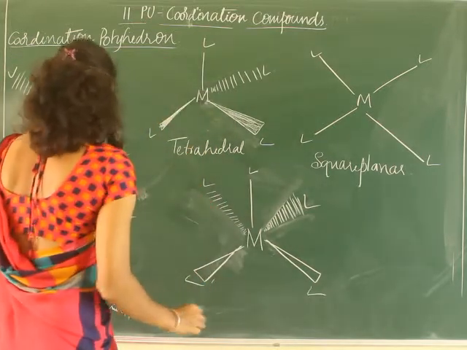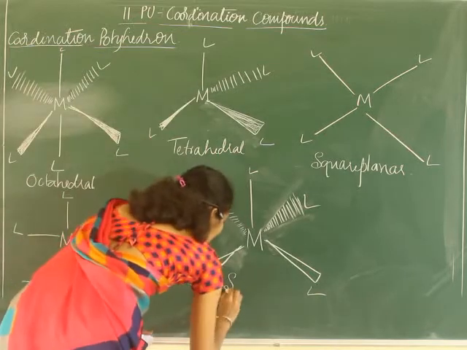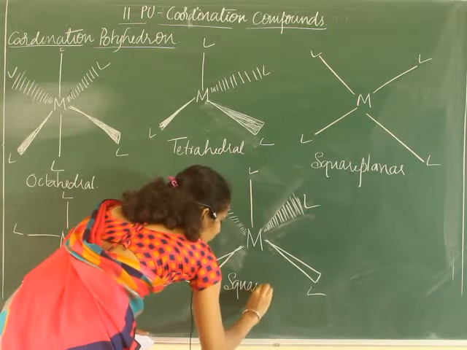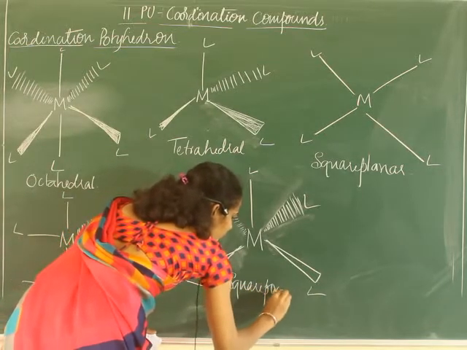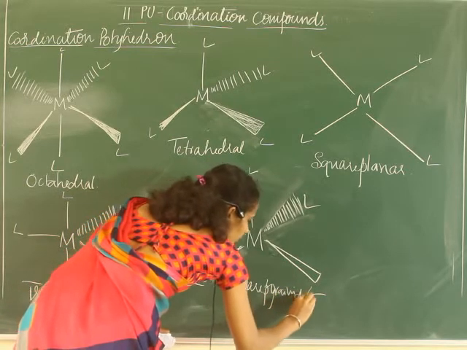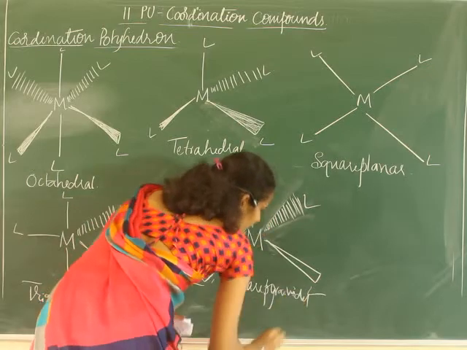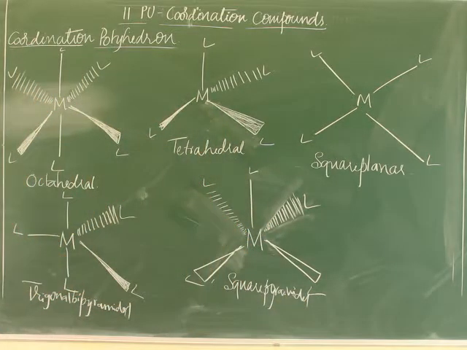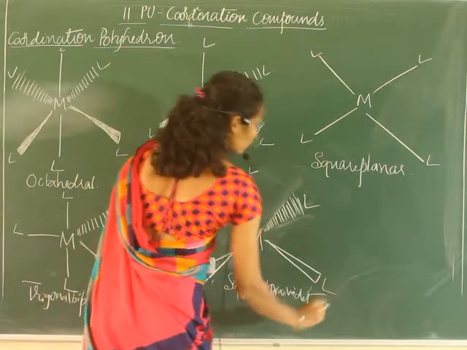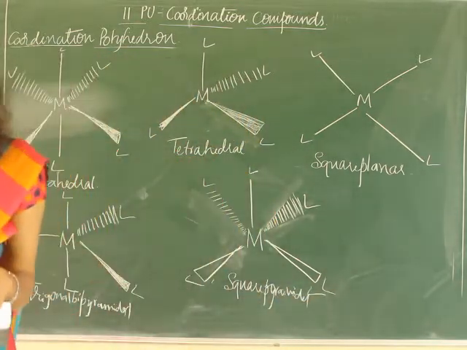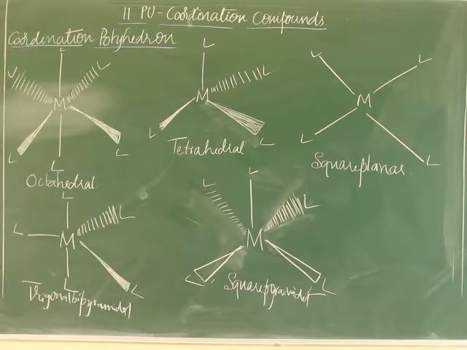This is square pyramidal structure. These are different coordination polyhedrons. Hope it is clear for you.